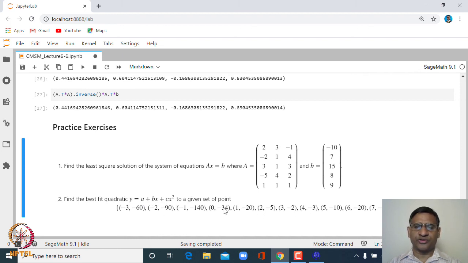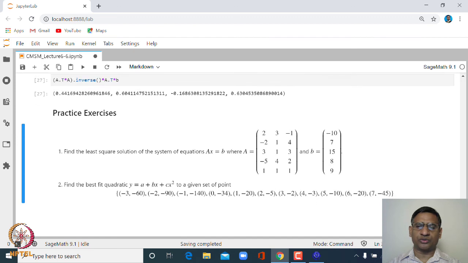This problem is solved by minimizing norm of Ax minus B whole square, and we have already seen what A, X and B should be. Once you have A, B and capital X, the least square solution will be A transpose A inverse into A transpose B, that is it.